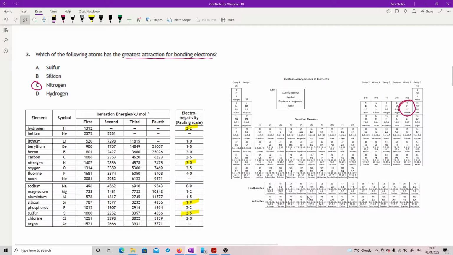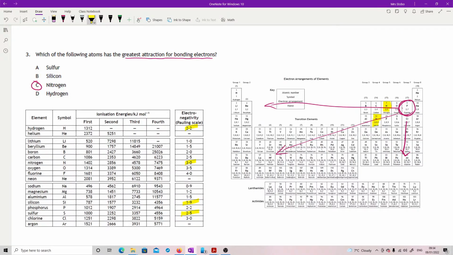But yet again, here's your top end of that attraction, because fluorine has the least number of shells shielding the positive pull from the nucleus. Okay, and we're going to go down that way, and down that way. Since nitrogen is here, let me highlight these ones, just look at the pattern.